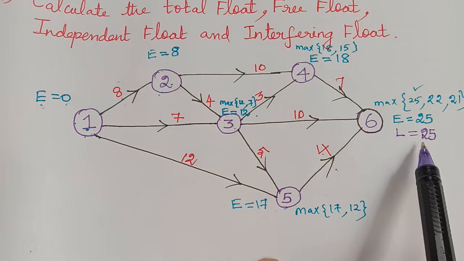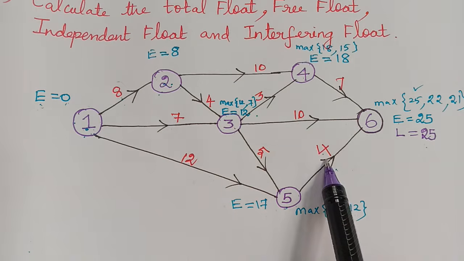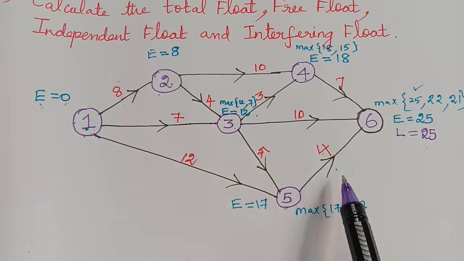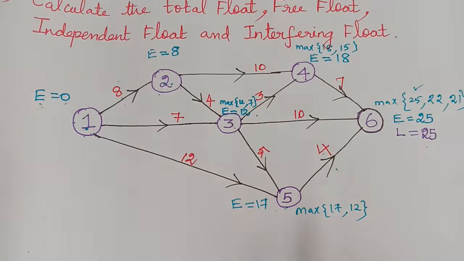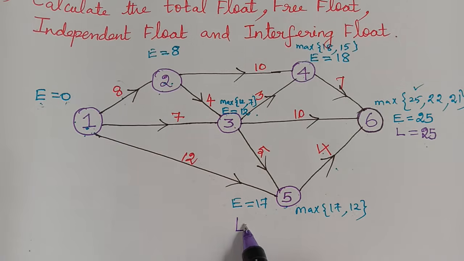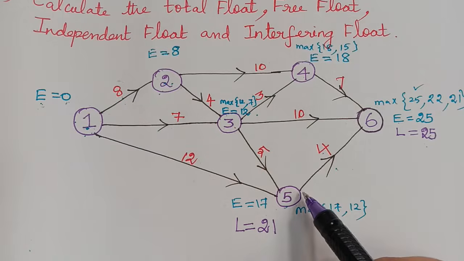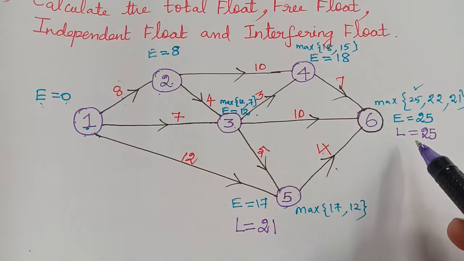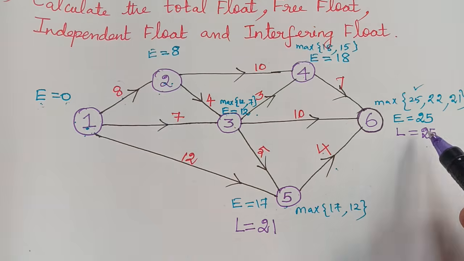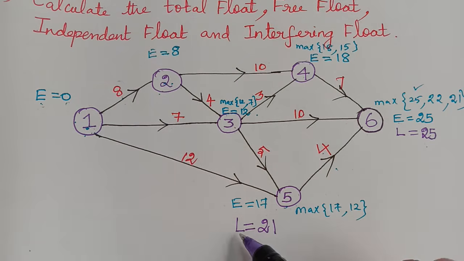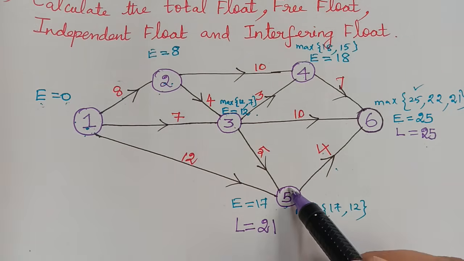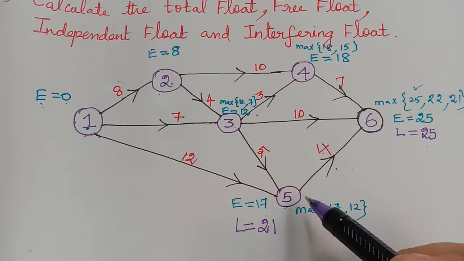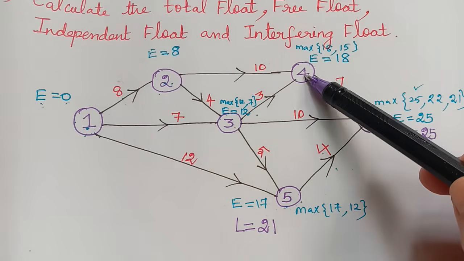So we subtract: 25 minus 4 is 21. We didn't have more than one activity emanating from it, so the latest occurrence for the event 5 is 21. After 5 we will move on to 4.